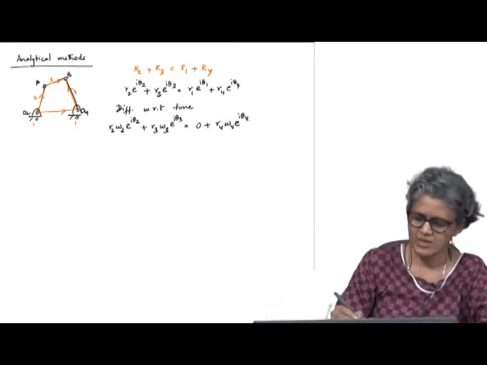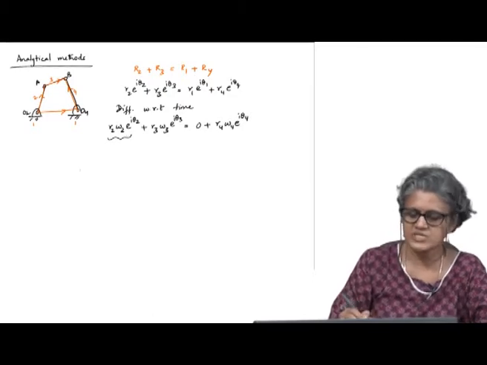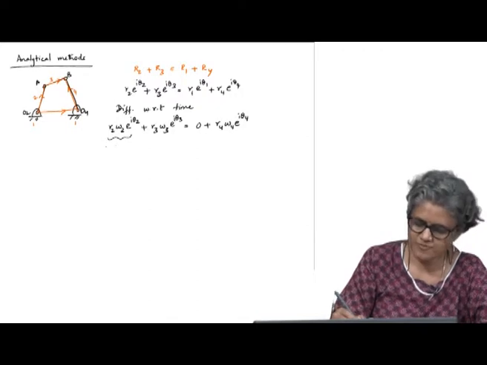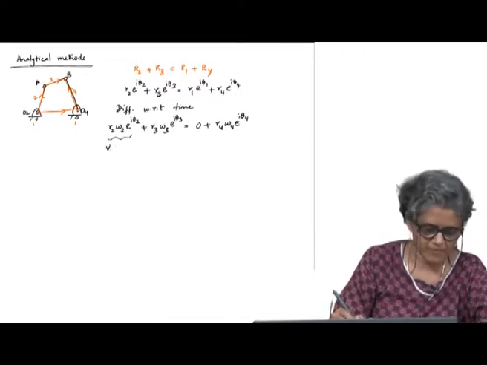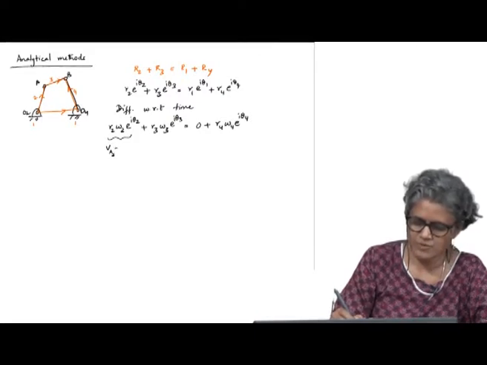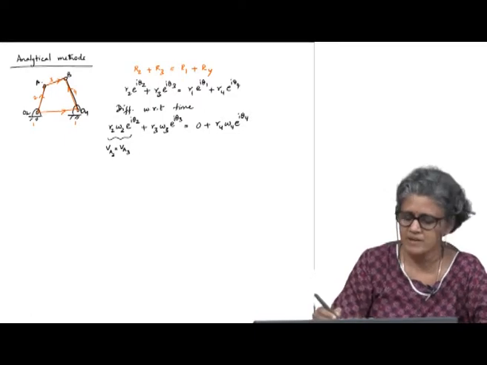Okay. Now, you should be able to recognize this. What is this? This is the velocity of A on body 2, which is the same as the velocity of A on body 3, right.